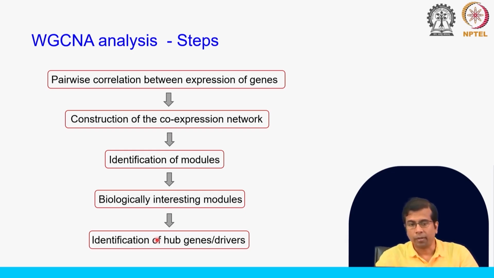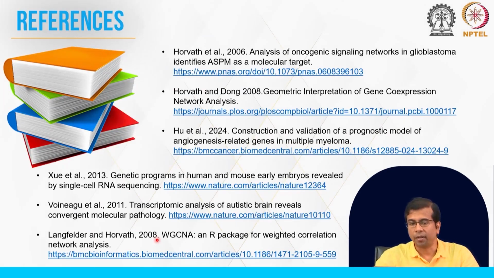So here are the references that I have introduced. I just point out a few references here. This is the first paper that talked about this idea, WGCNA, and then here is the following paper that talks about the geometric interpretation, how this gene co-expression network analysis works and what is the idea behind it.